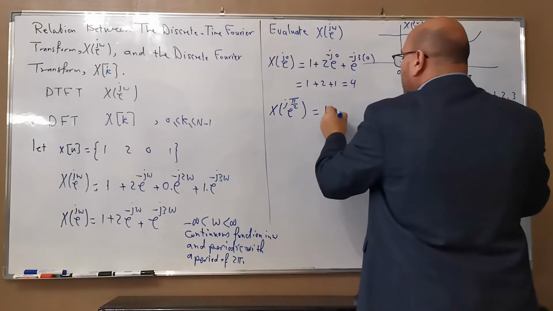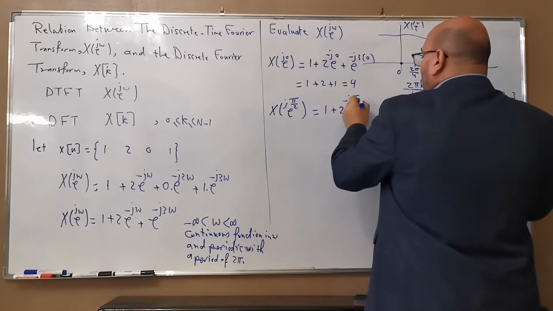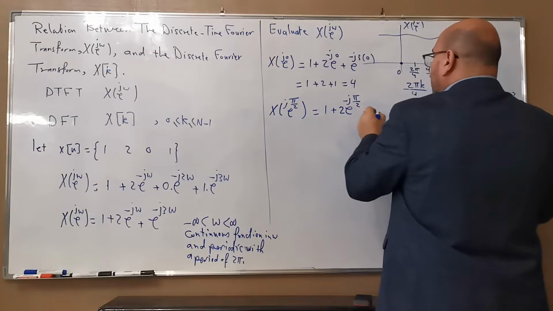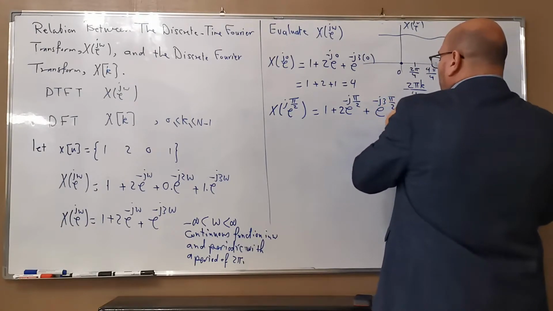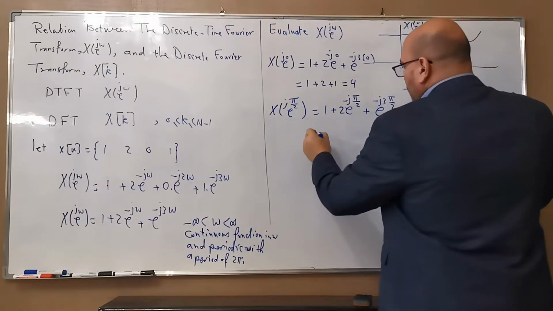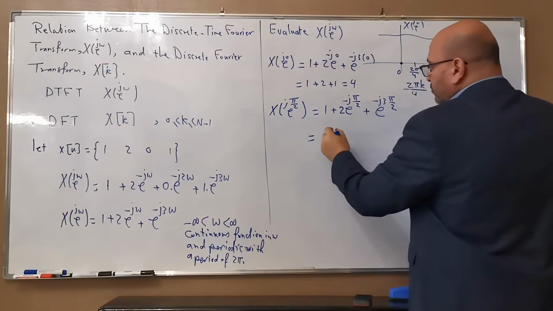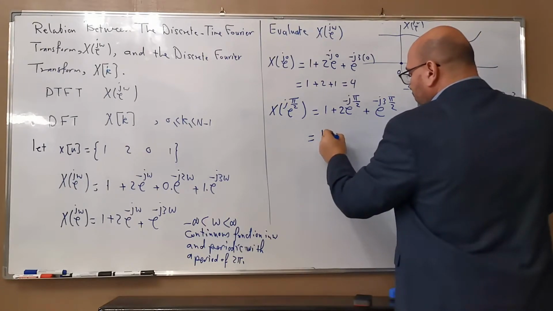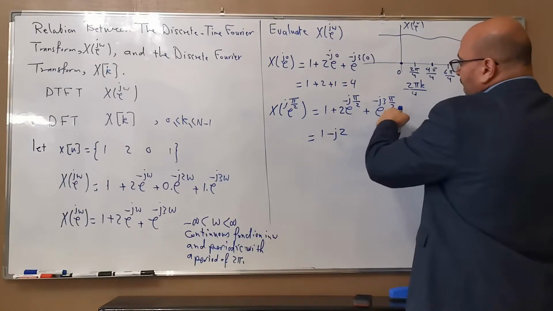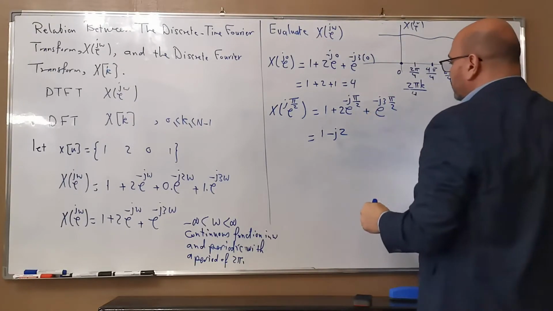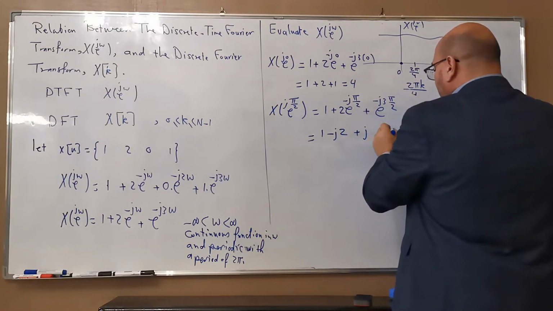So this is 1 plus 2 times e to the minus jπ/2 plus e to the minus j3 times π/2. So this is a complex quantity. E to the minus jπ/2 is minus j, so this is 2 minus 2j. And this one is minus 3π/2, which is 90 degrees actually, so it's plus j, so you have 1 minus j.